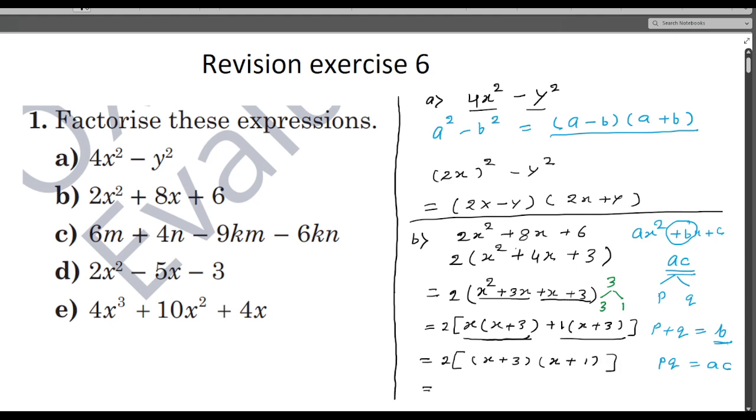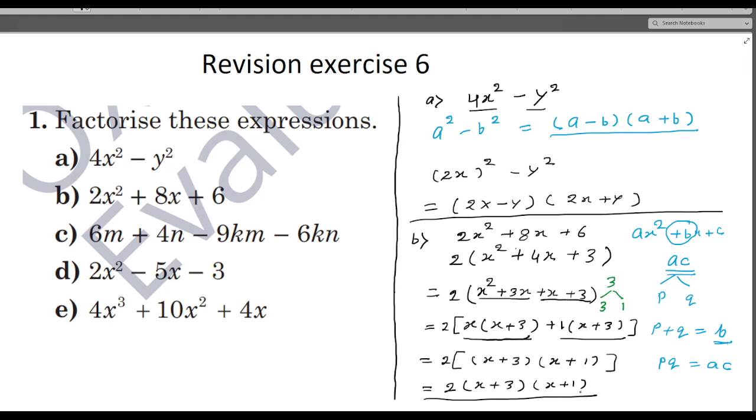So now this is completely factorized. You will write 2 times x plus 3 times x plus 1. I'm going a little slow for those students who have forgotten how we have to solve these problems.